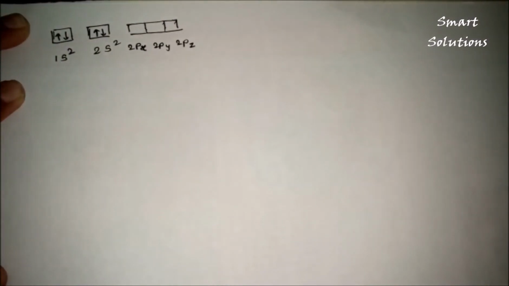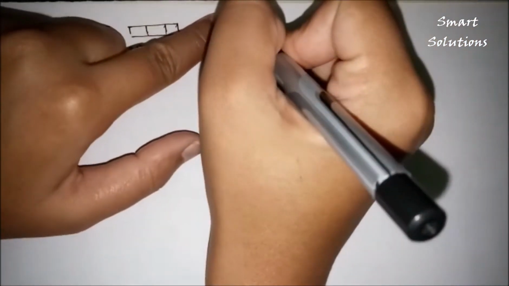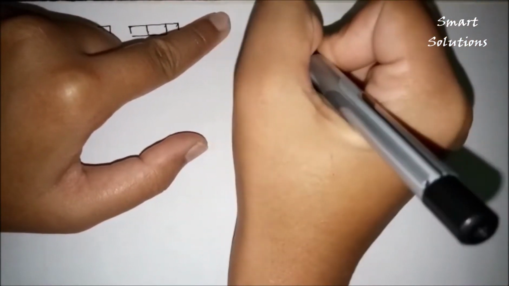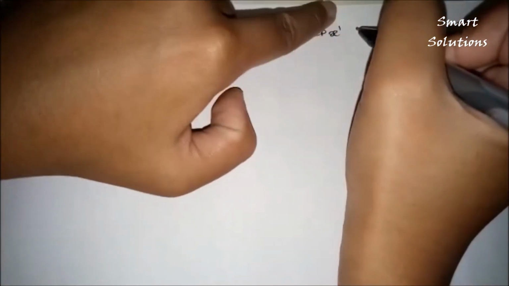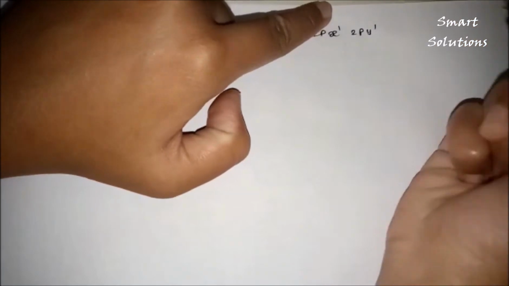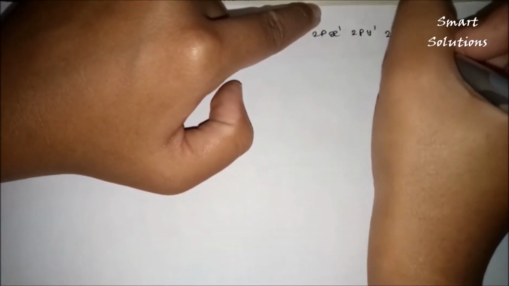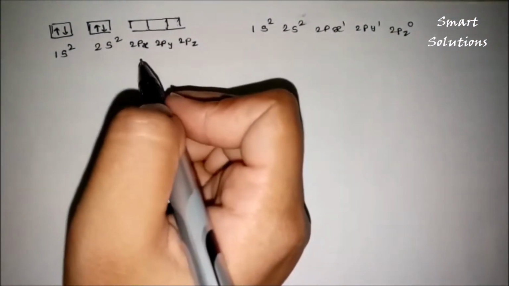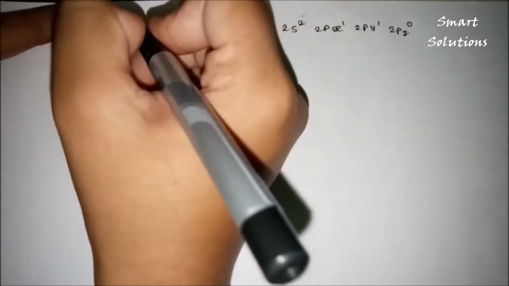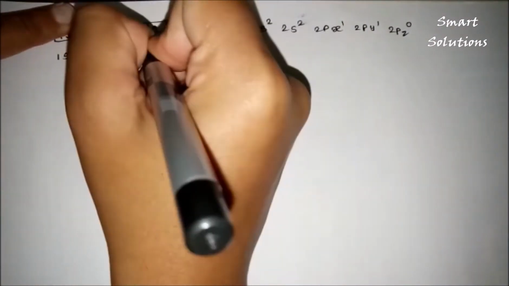So the ground state electronic configuration for carbon is 1s2, 2s2, 2px1, 2py1 and 2pz0. In the p orbital, 2px has 1 electron and 2py has 1 electron.